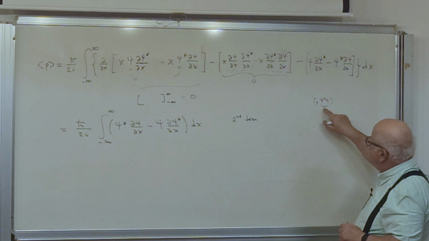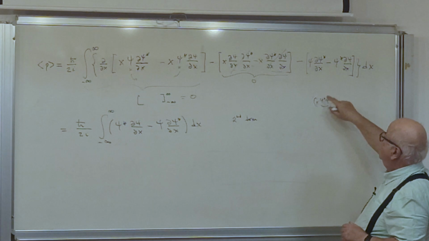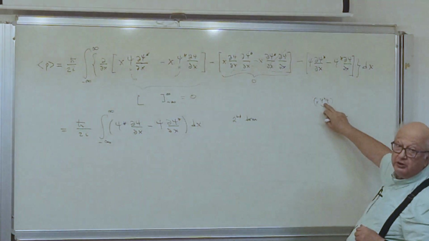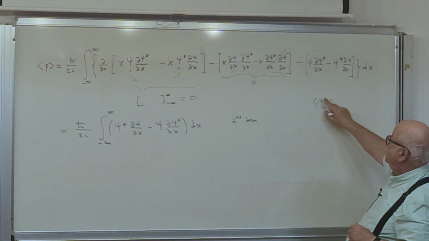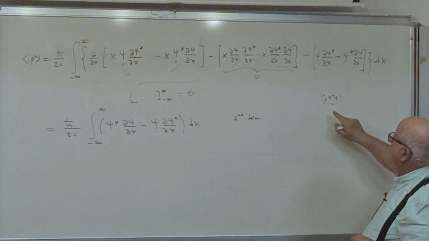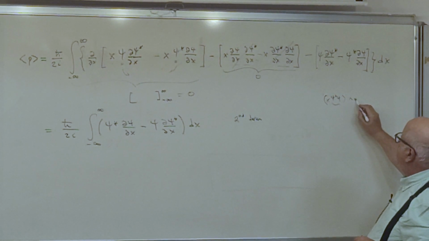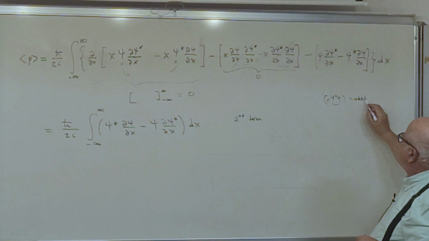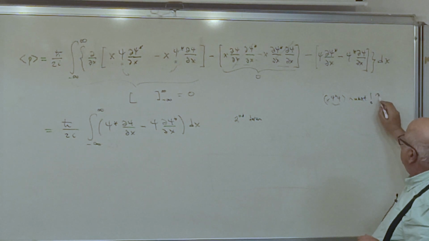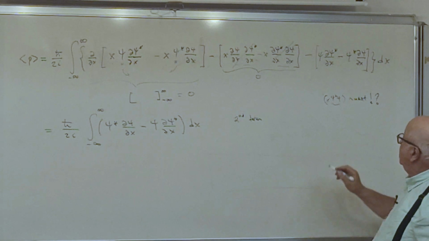The worst thing that this could do, so I don't want this thing to grow exponentially or anything, because otherwise I would not be able to normalize it. So the best thing that this can do is the total product can go like a constant. When would it go like a constant?